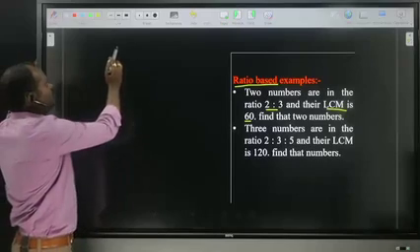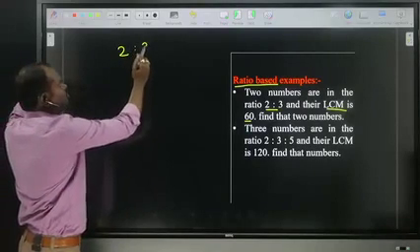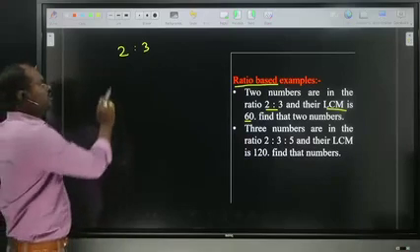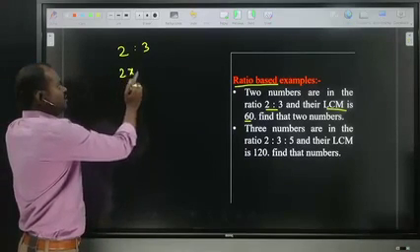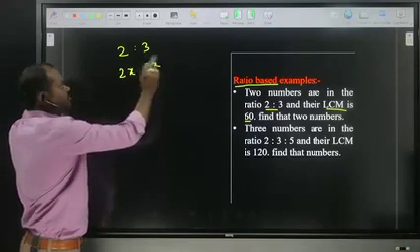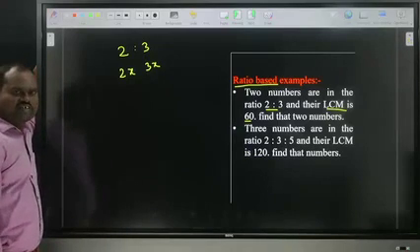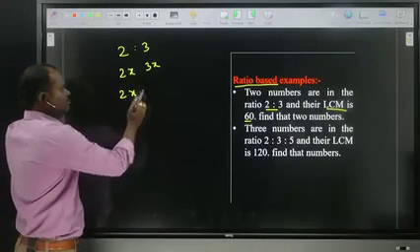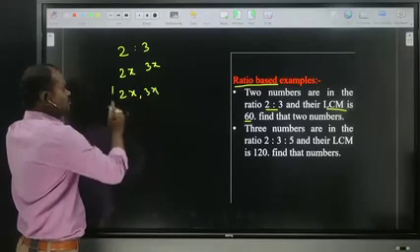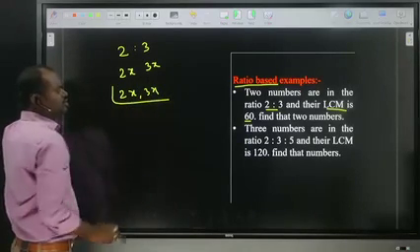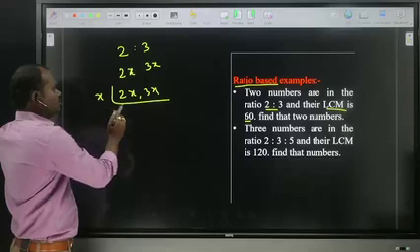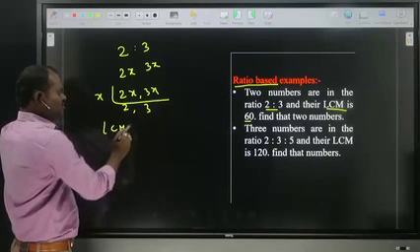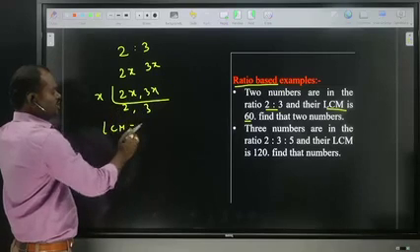Now two numbers are in the ratio 2 is to 3. Let us assume, actually we don't know the first or the second number. Let the first number be 2x and the second number be 3x. For the LCM, in both, what is common? x. Then 2 and 3, so what is the LCM? 3 2's are 6x.